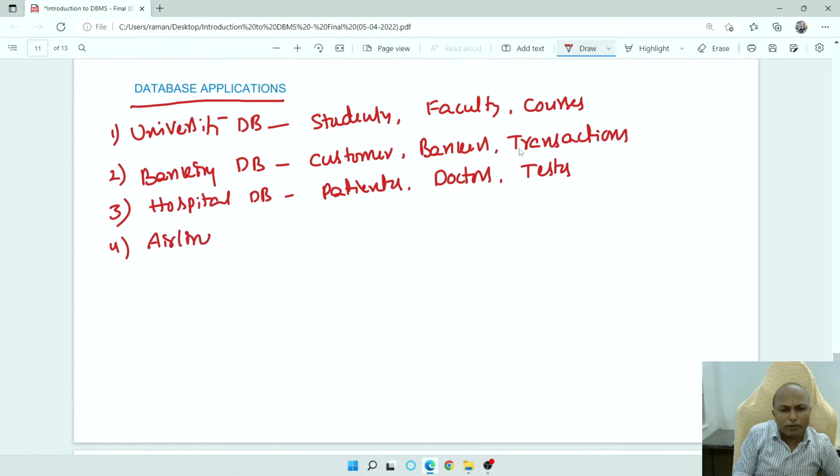Airline database or railway database has one table for passengers, another table for flights, and another table for reservation.